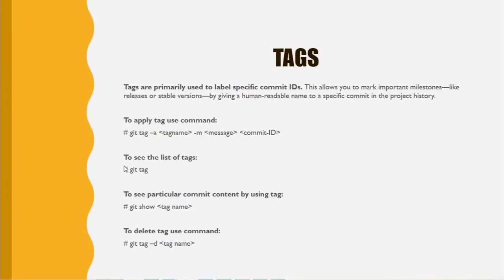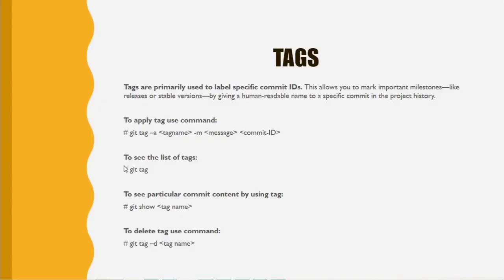So there are common tag commands in Git which can be used to tag a specific commit. You can use git tag with -a and the tag name, -m and the message, and the commit ID. You can also skip the commit ID if you want to tag the latest commit.